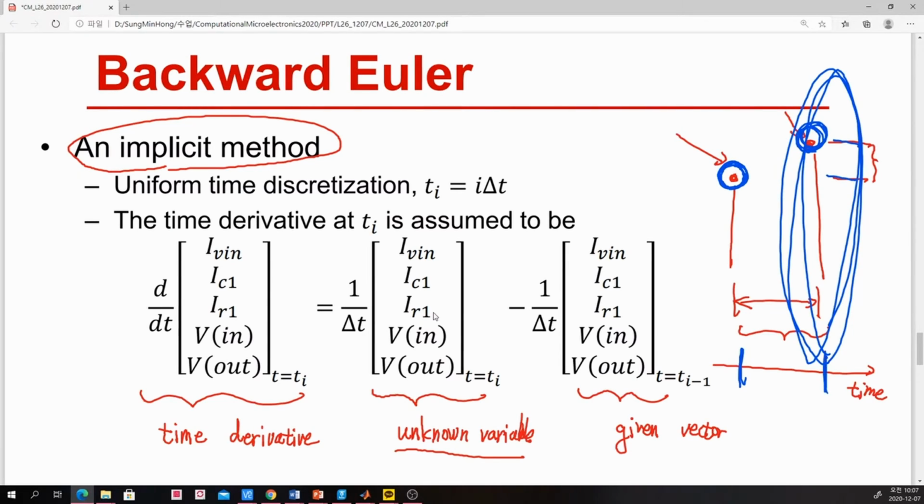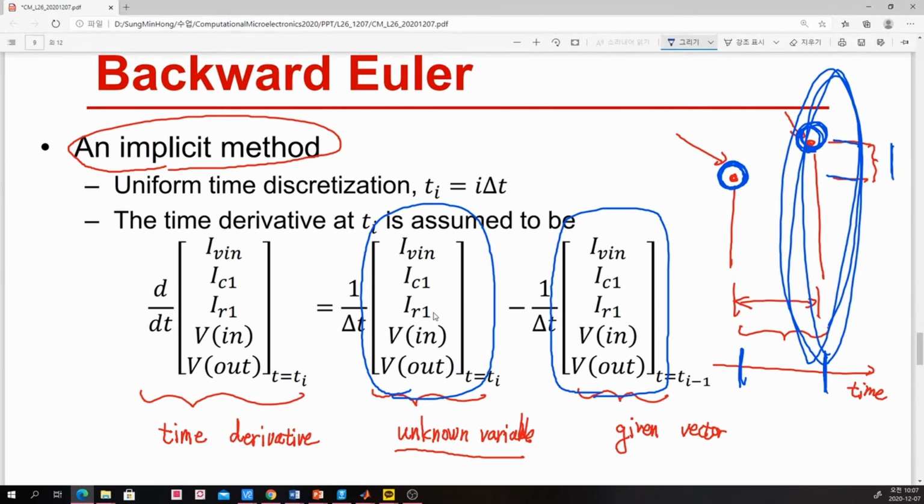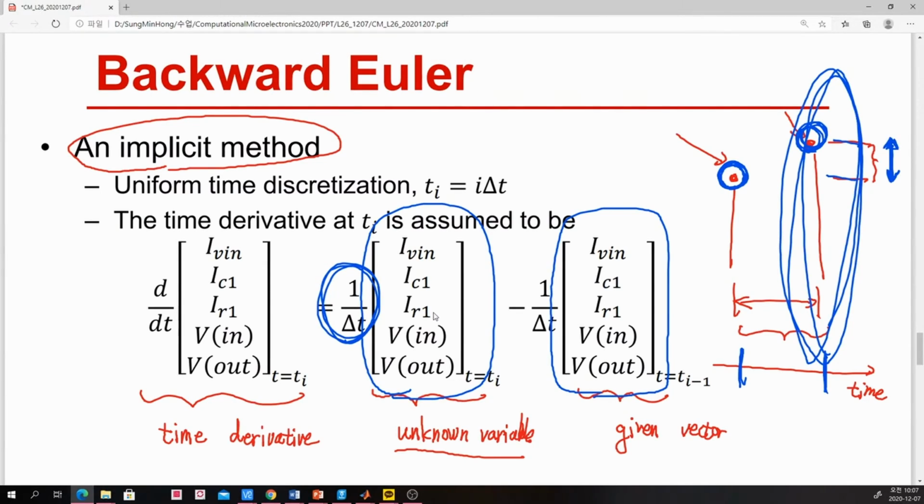That is exactly done in this expression. This is the present value of our unknown variable and this is the past value, and their difference is divided by the time difference.